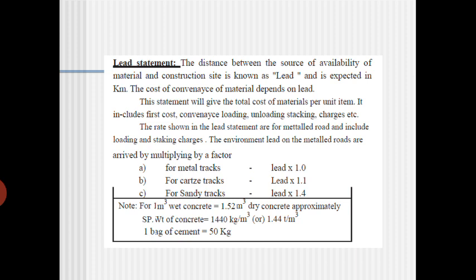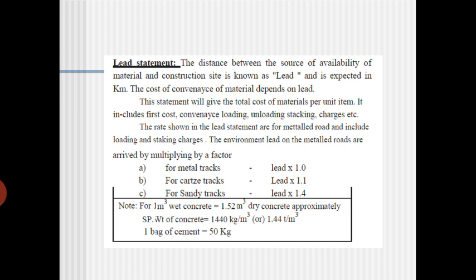When it comes to a cement concrete road, normally the cost will be more. Why? Because on cement concrete roads the friction coefficient will be totally different from tar roads.